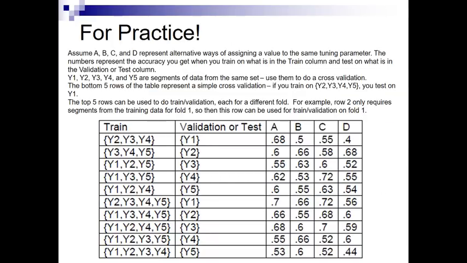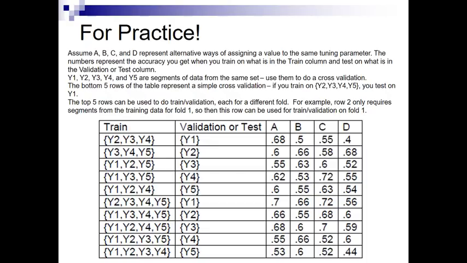Now, when we did the quiz for week 11, we stepped through a tabular representation of this process. Here you see the table, and the bottom 5 rows represent the outer loop for a 5-fold cross-validation, and the top 5 rows represent the inner loop. The 4 columns A, B, C, and D represent settings for a parameter, and the numbers in the boxes represent kappa or performance values.